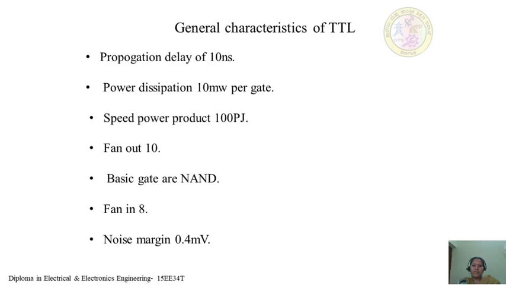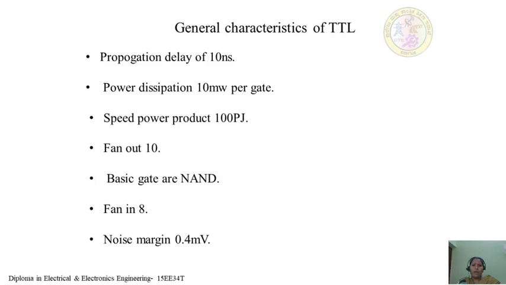The next characteristic is power dissipation of 10 milliwatts per gate. In any of the TTL ICs, there will be a number of gates inside one IC. So the power dissipation is nothing but the total power required for the IC to operate.